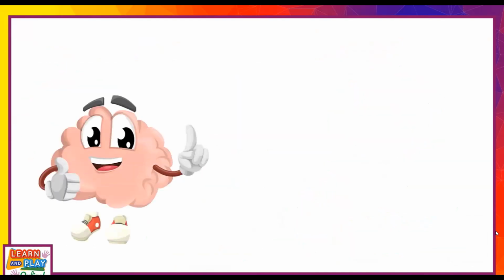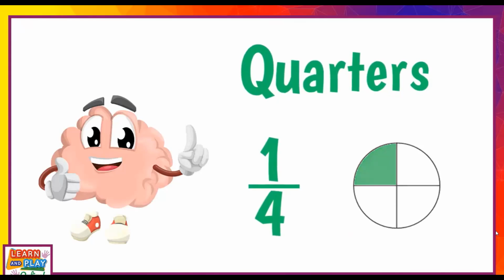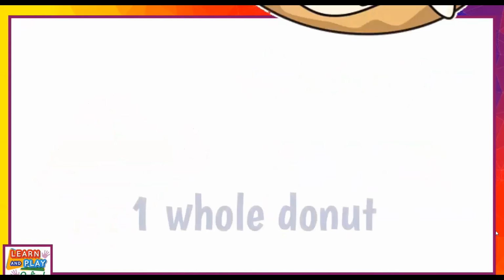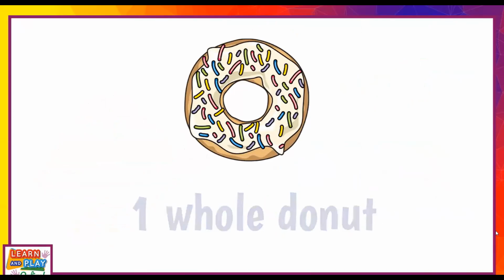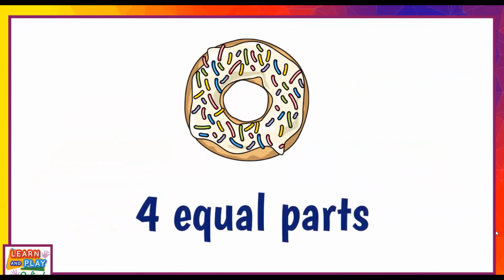Let's now move on and learn about quarters. We are going to use one whole donut again. But this time, to make quarters, we need to make 4 equal parts.